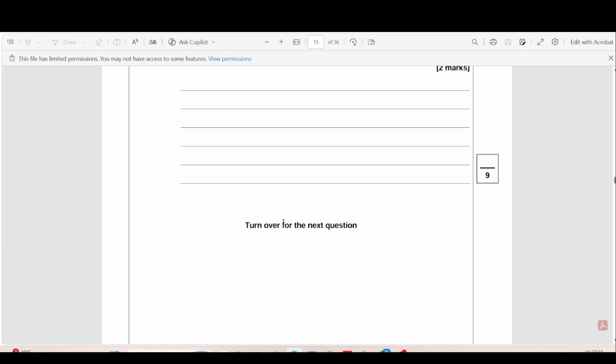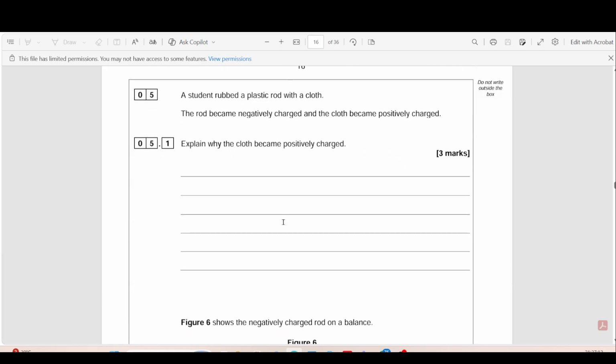A student rubbed a plastic rod with a cloth. The rod became negatively charged and the cloth became positively charged. Explain why the cloth became positively charged. The cloth became positively charged because the rod took its electrons. Because of electron transfer. So which one is gaining electrons and which one is losing?